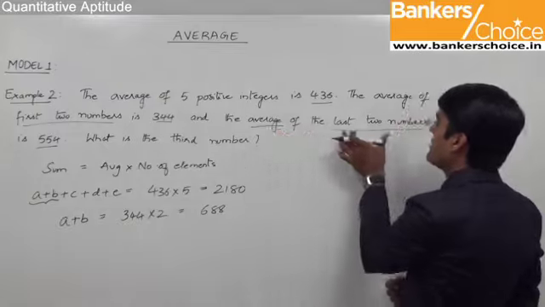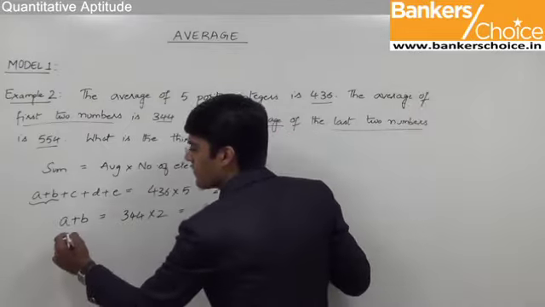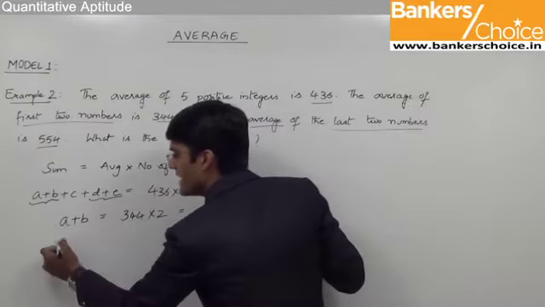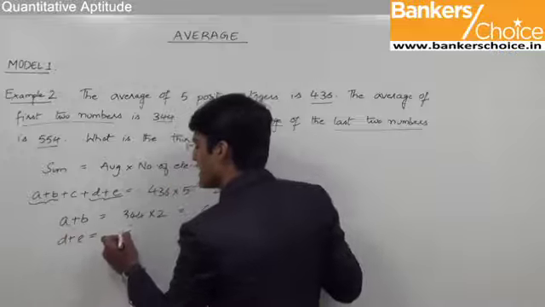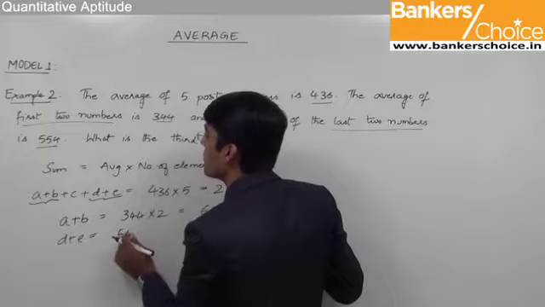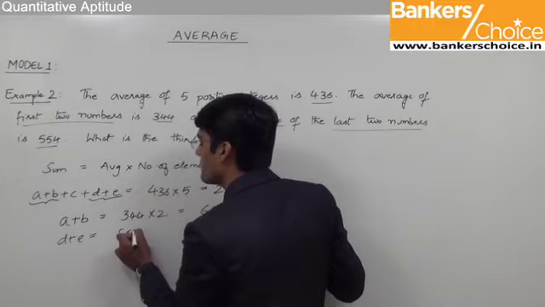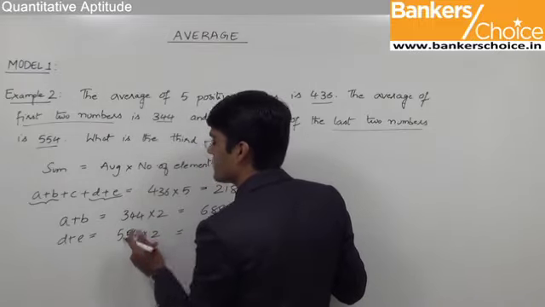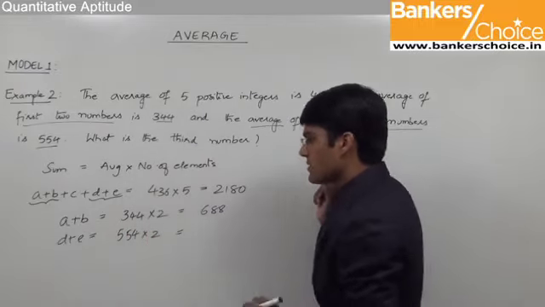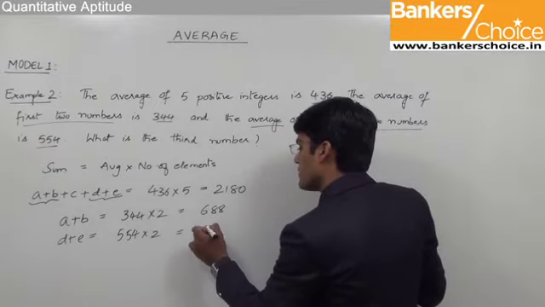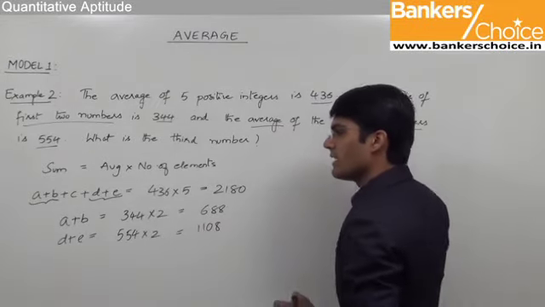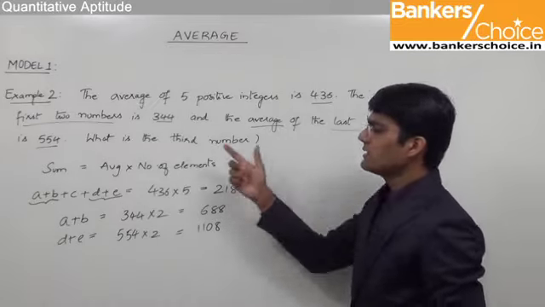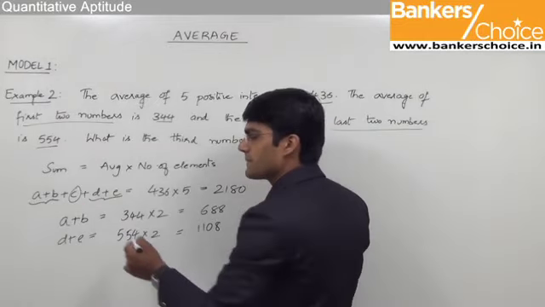And the average of last 2 numbers is 554. The last 2 numbers, that is D and E, their sum can be taken as average 554 into 2, as there are 2 elements D and E. So this will come out to be 1108. Now we are supposed to find out the third number, that is nothing but C.